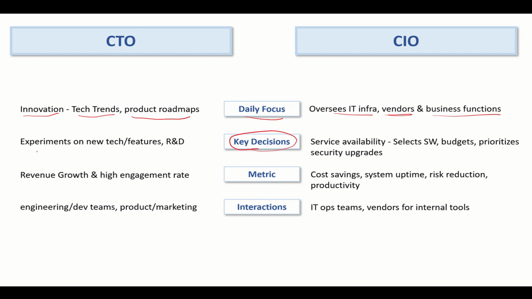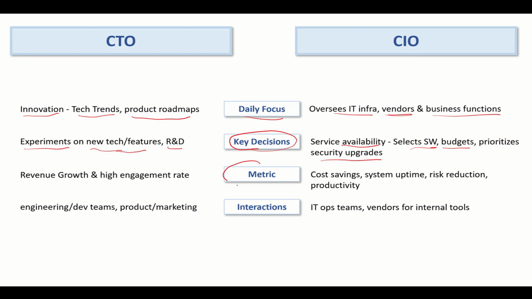The CTO takes decisions on experimentation and R&D, so that a new feature has to be included or new tech needs to be added in order to provide a better user experience. However, the CIO is more about the availability of the service, like selecting the software, deciding its budget, and prioritizing security upgrades so that network uptime and availability are always there.